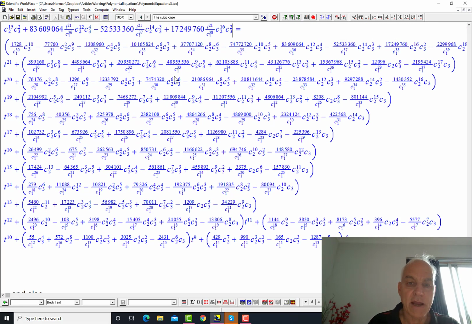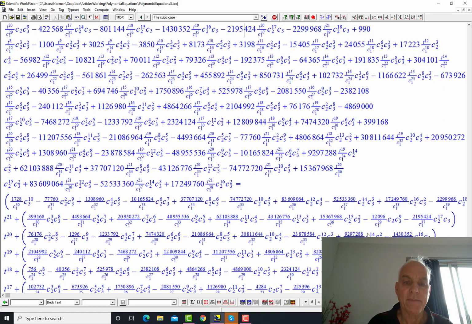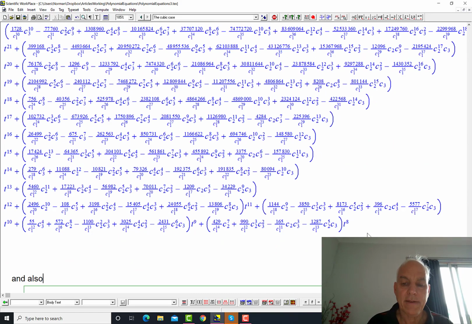Well, there are all these higher powers of t, but notice the lowest power of t is t to the 8. What does that tell us? That tells us that this is equal to 0 up to degree 7.